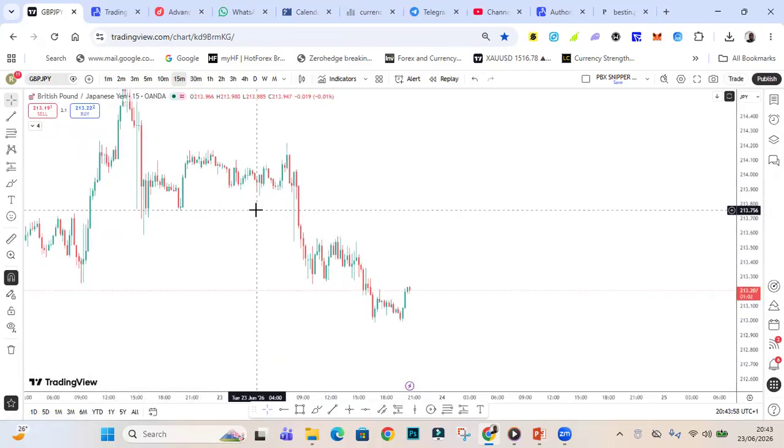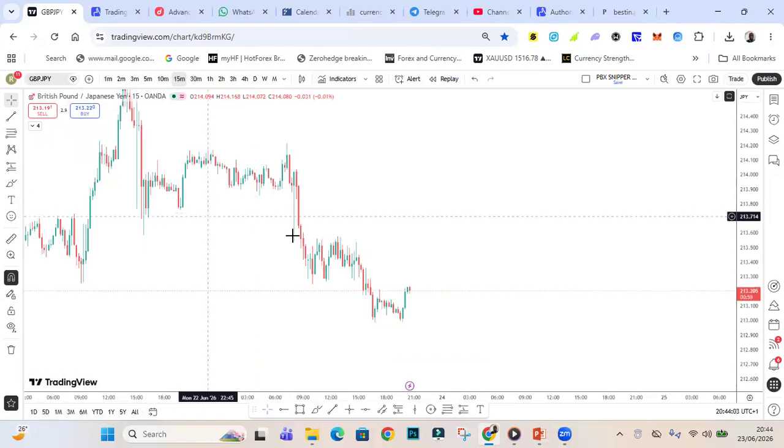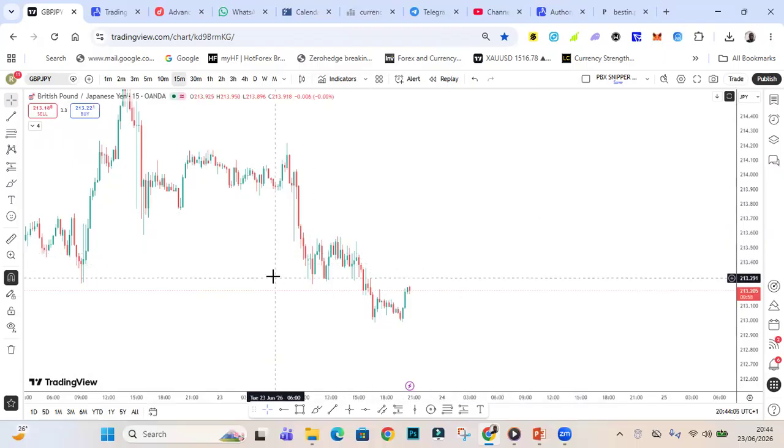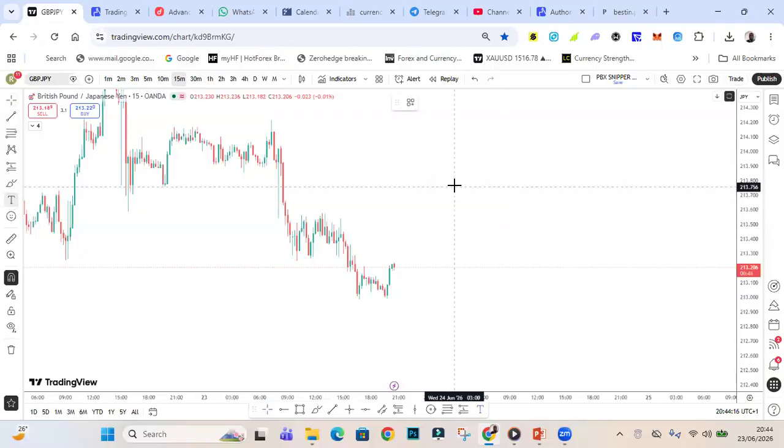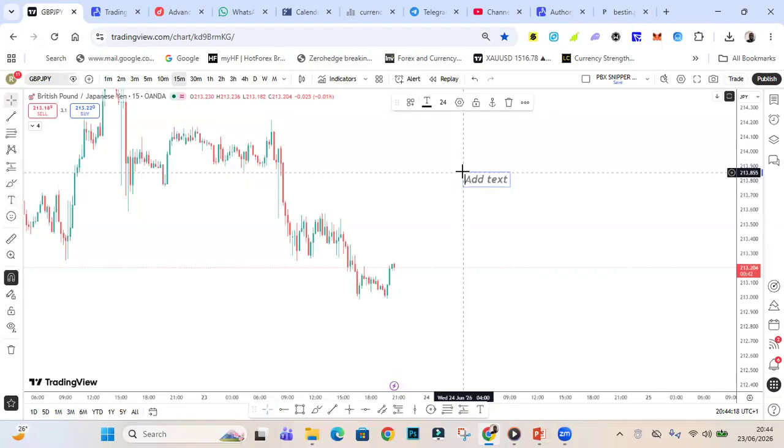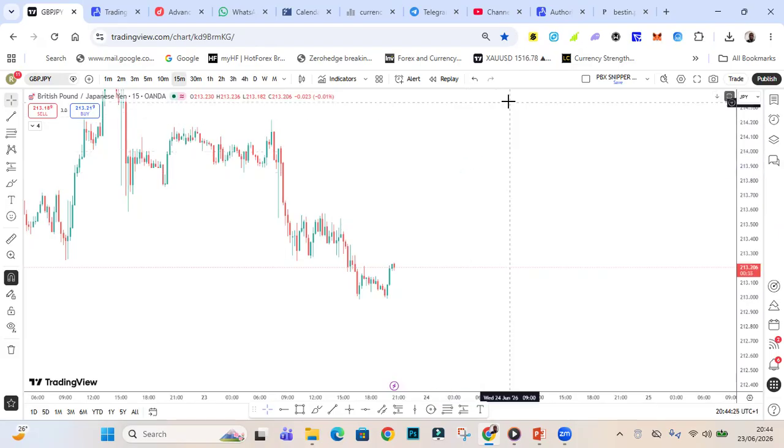They're almost about the same structure right now. So right now, the current market price is 212.210. Okay, so this time around we are doing sell. Let me annotate.